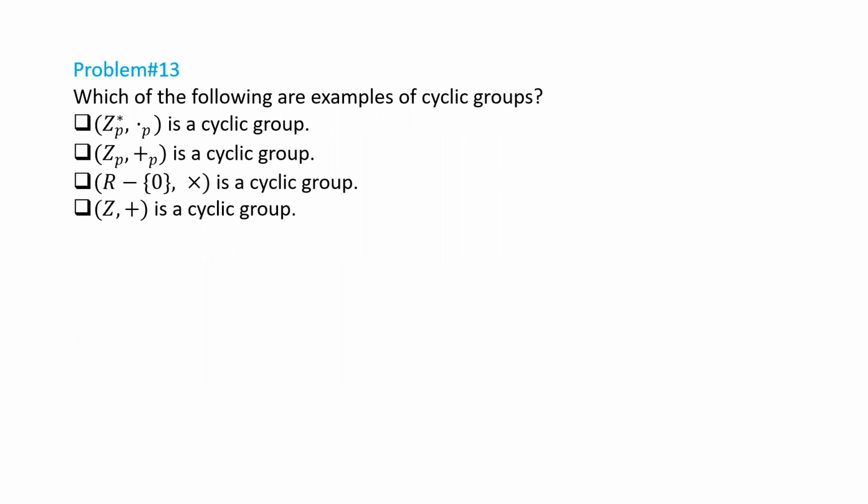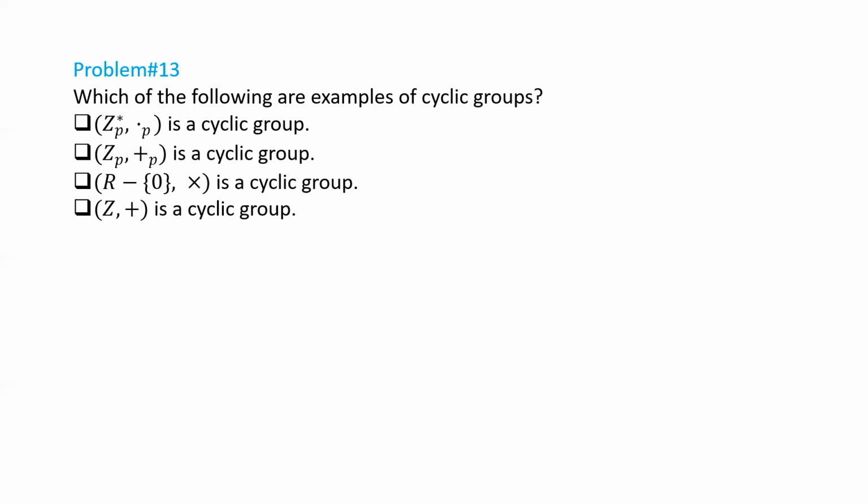Because what the name cyclic suggests is that you need to get the elements of the group repeated whenever you reach the limit, G to the power Q once. So you start with some generator element G, and you have to have some finite size of group, say Q, and then you can get G to the power 0, G to the power 1, dot dot, G to the power Q minus 1 as all the group elements, and then whenever you perform G to the power Q again, that is nothing but equal to G to the power 0.